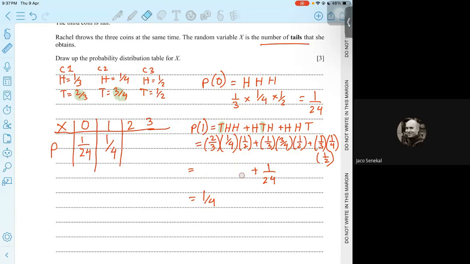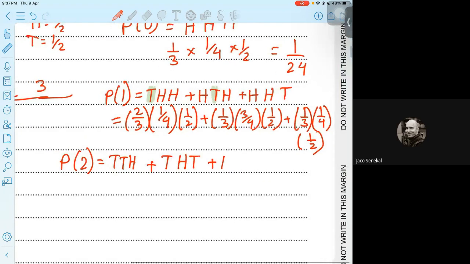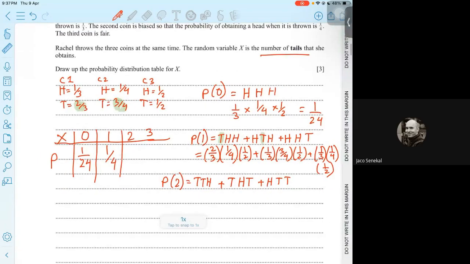P of 2 is going to be something very similar, where we have to find all the possible combinations of getting 2 tails and 1 heads. So tail, tail, head, or tails, heads, tails, plus heads first and the rest 2 tails. Okay. So similarly, we just find the scenarios now.